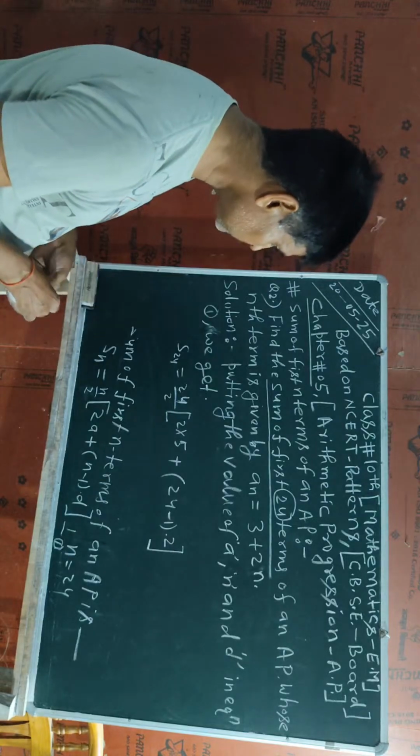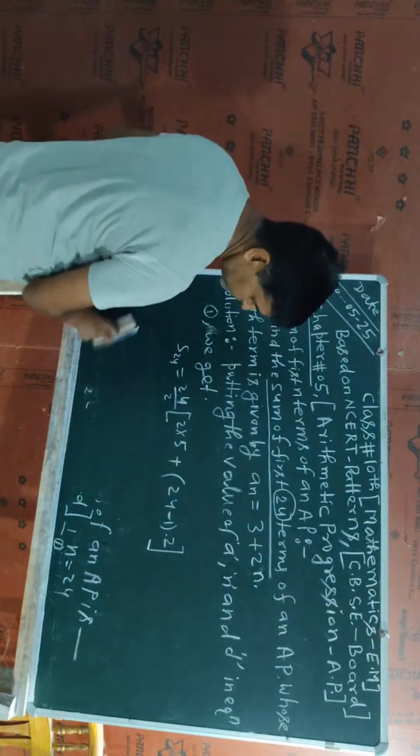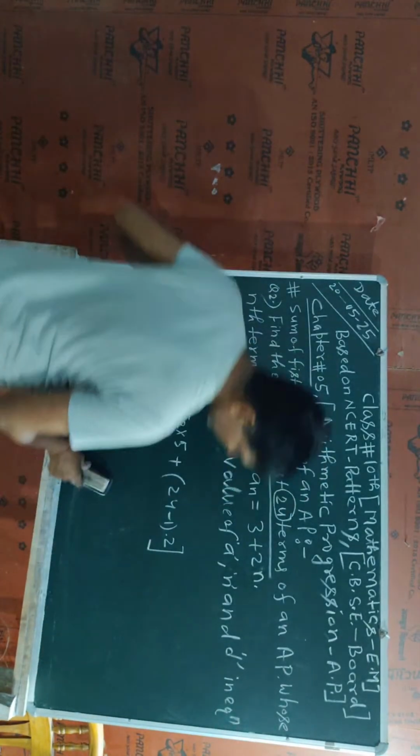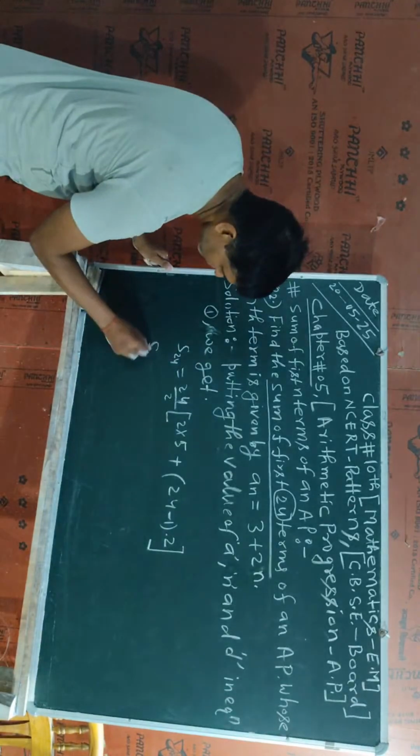So I will put there the value 2. Now further I am going to erase the letters. After erasing the letters, I will get the value of the sum of first 24 terms.